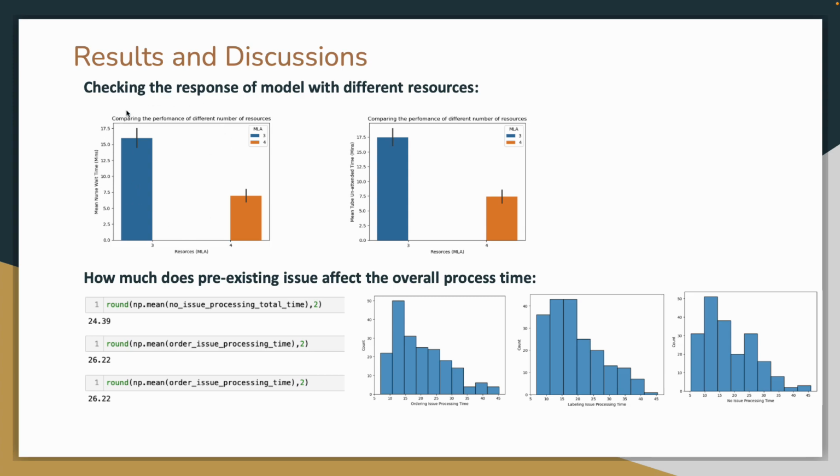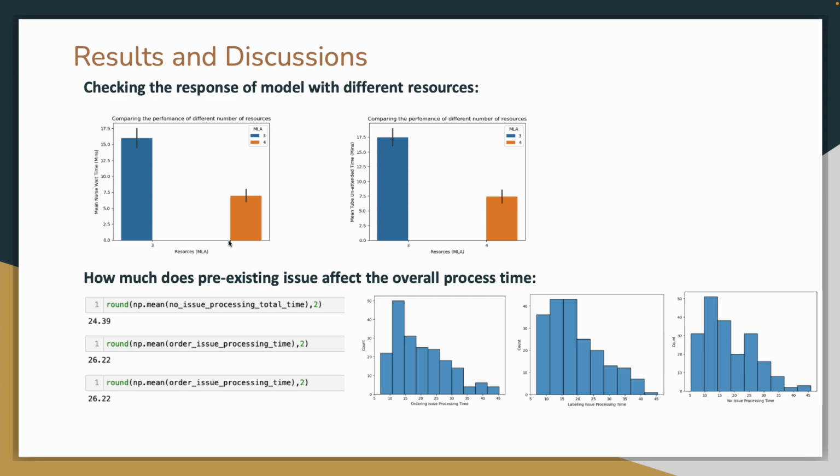On the left side, our first question was to check the response of the model with different resources. The easy way to check the response is to check the waiting time for the nurse and the waiting time of tubes unattended in the station. With three MLAs, MLA standing for medical lab assistant, which is our resource in this case, look at the mean wait time for the nurse.